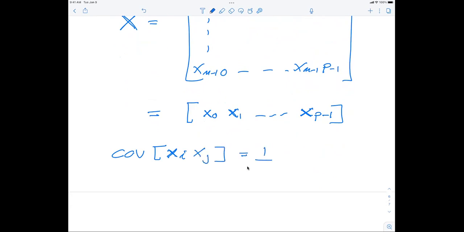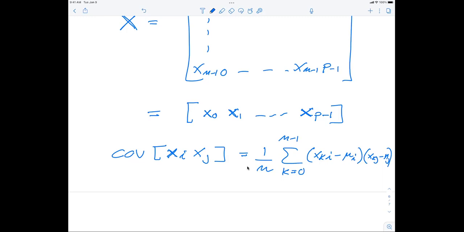This is something which we defined last week as 1 over n, and then we had a sum from k equals 0, and in our case up to n minus 1, and then we have an x, and now we have to be a little bit careful because we are summing over the rows, x k i minus the mean value, and this is the mean value of the quantity xi, and then I had an x k j minus mu j. That was the definition of the covariance.